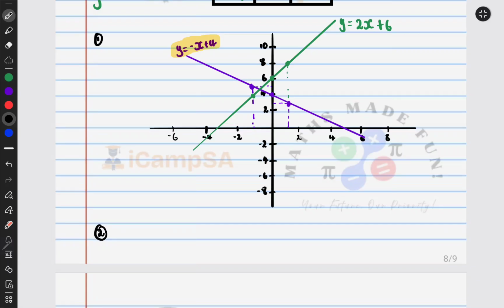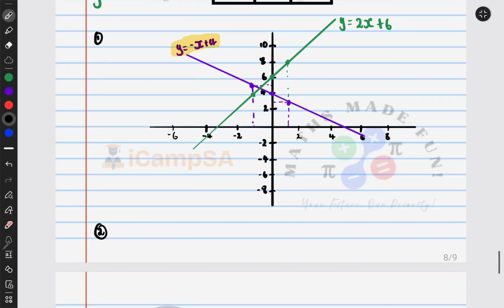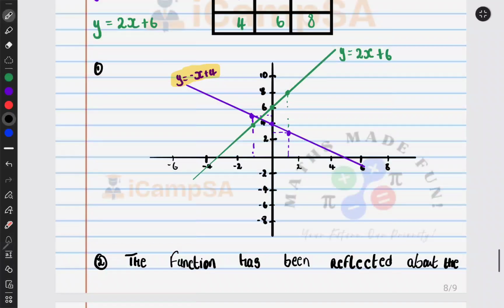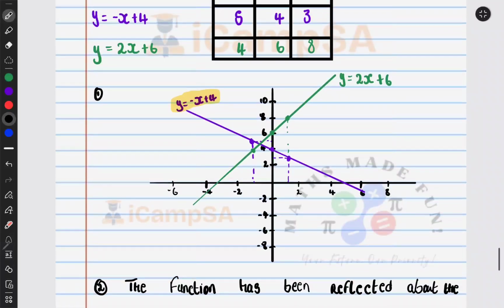So as we can see that there is a negative in front of x, so we say the function has been reflected about the x-axis, and then next the other transformation is that they added 4.